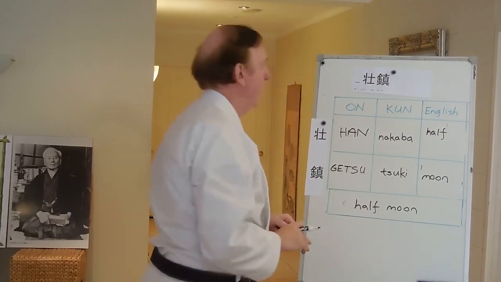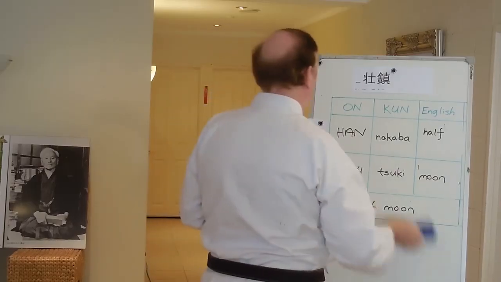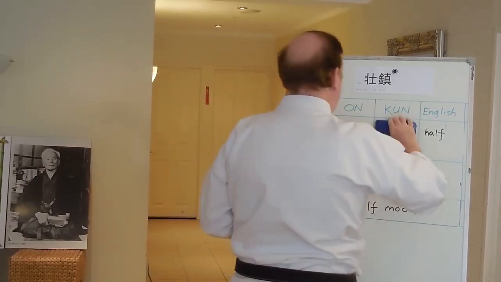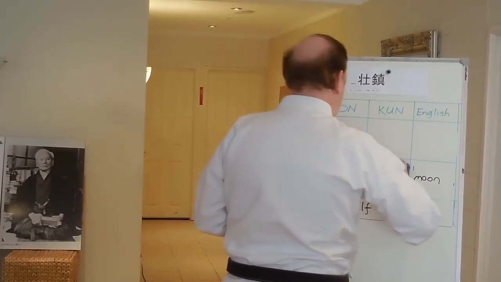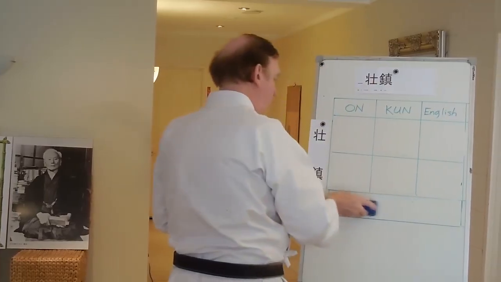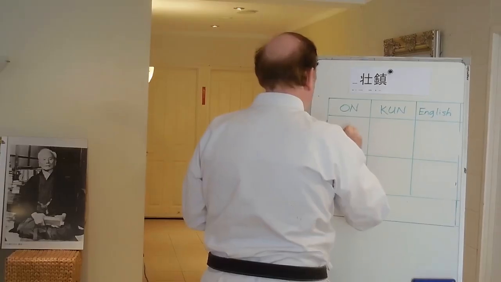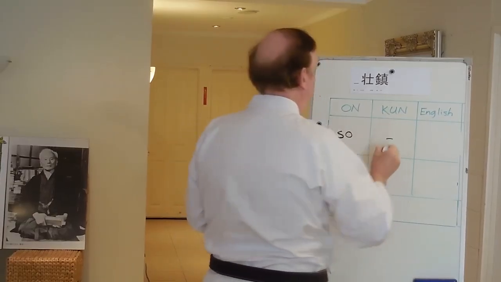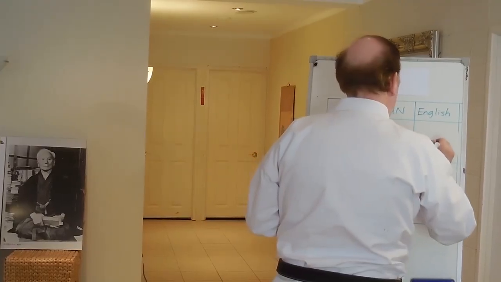So this one is sochin. Actually, this is one of the few that doesn't really have a Japanese rendering as such. It just has the kanji itself from the on reading, and it just goes straight into Japanese as well. So there's no real kun reading here, but we can say that that means strength.